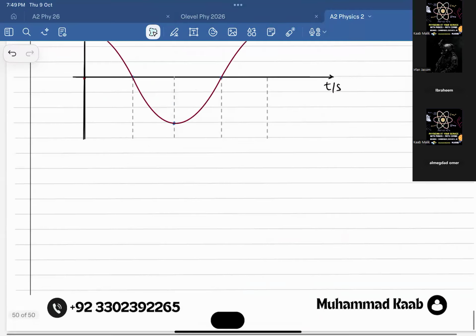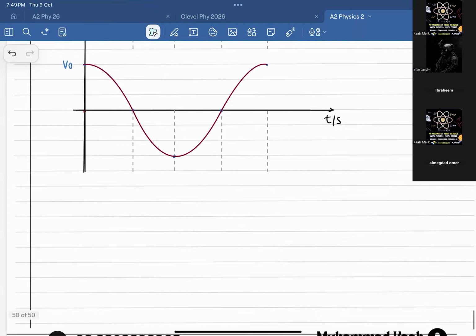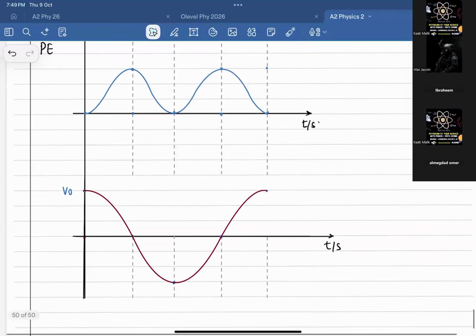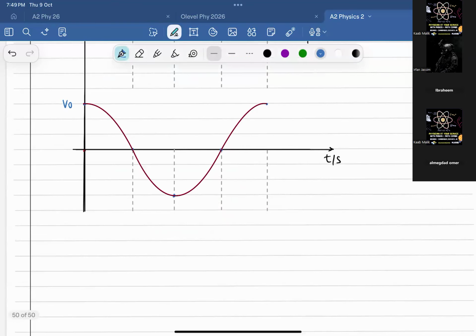And corresponding to the velocity graph, if we try to draw the kinetic energy graph, it will look the same as this one, but a bit different because it should start from the maximum value.